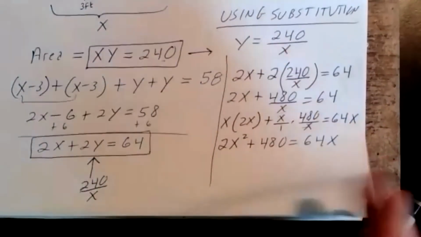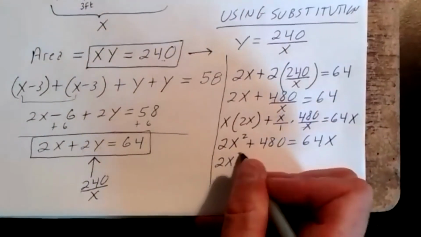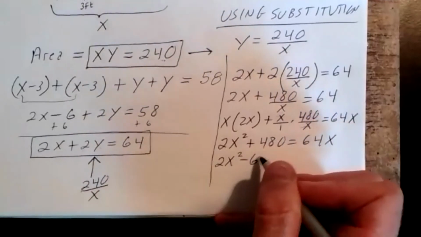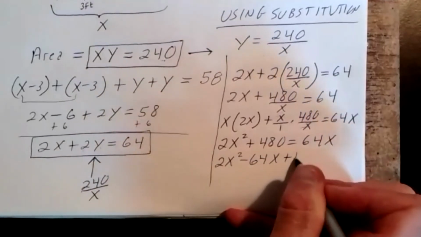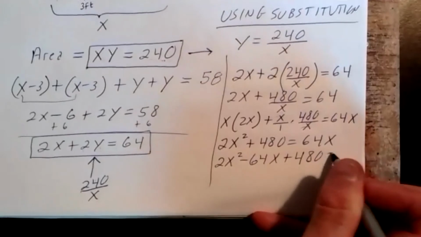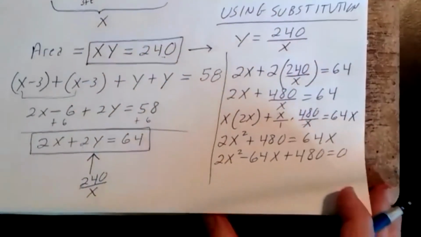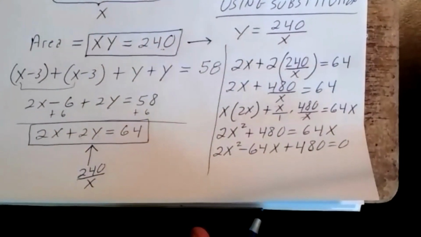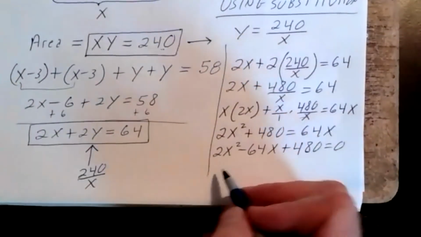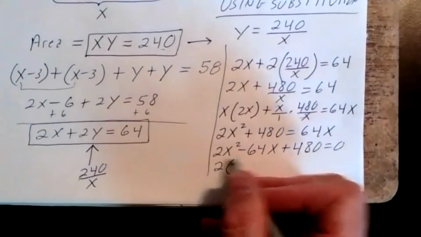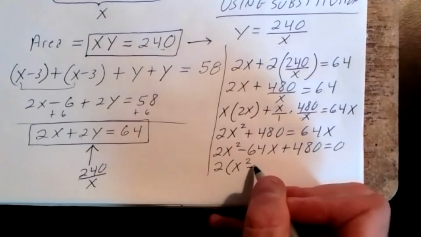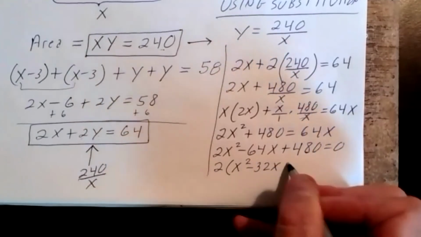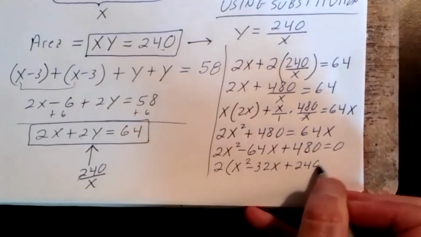Zeroing this equation out by subtracting 64x from both sides. Can we, ladies and gentlemen, factor this left side to solve this quadratic equation for x? It'd be a lot easier if we factor 2 out of all the 3 terms first. It'll make our life a million times easier in factoring this trinomial.